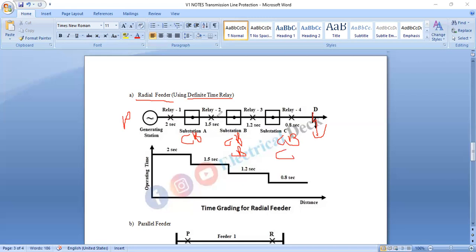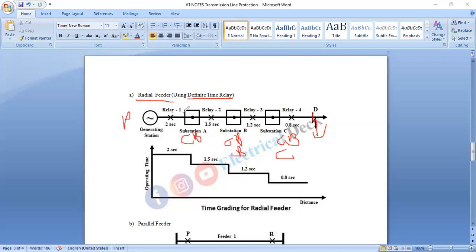In this similar way for relay 2: if relay 3 fails to operate in 1.2 seconds, then circuit breaker B will not operate.